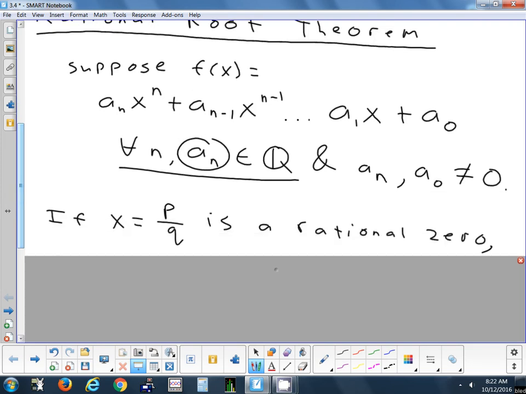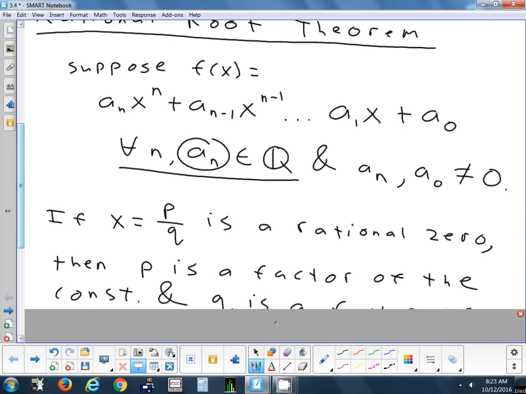So if we happen to find a rational root or a rational 0, we can write that as a fraction. All rational numbers, that's what it means. You can write it as a fraction. And we could write it in the form p over q, where p is some number, q is some other number. But there's a method to how you can find p and how you can find q based on the problem they give you.